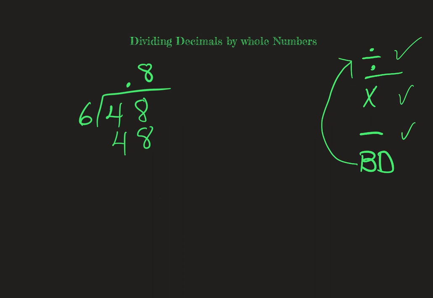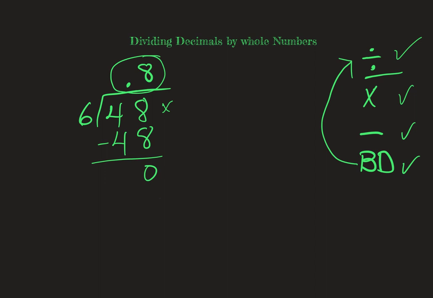Third step is to subtract. Last step is to bring down. And then in this problem, you will see I don't have anything to bring down, so we are finished. Our answer for our first example problem is 8/10.